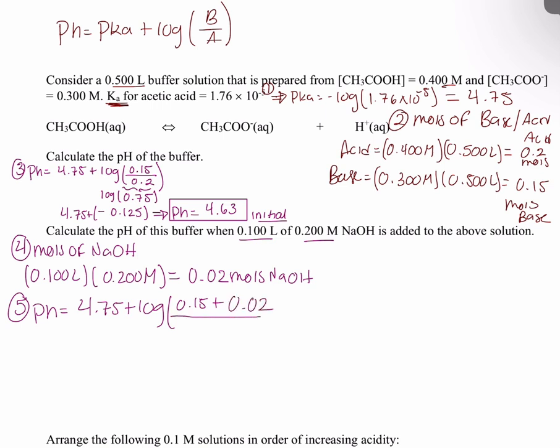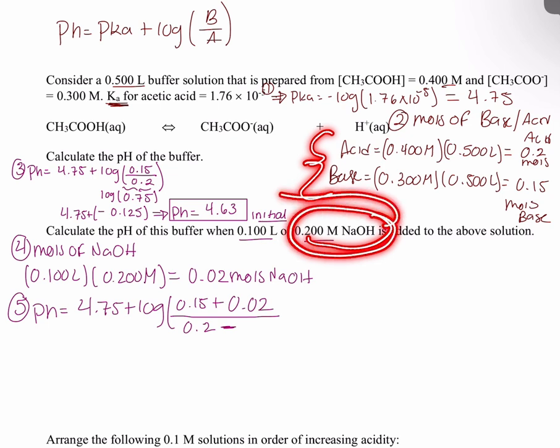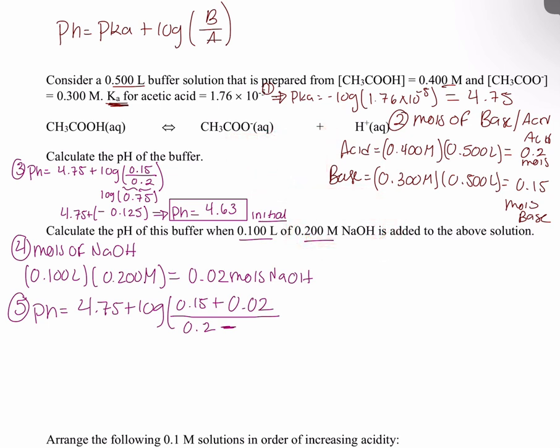So it's going to be 0.02 over 0.2 minus, since the acid, right? Since we're adding a base to this solution of acid and base, we're going to have less acid. So it's going to be minus. So we know that the original moles for the acid was 0.2. And then it's going to be minus the moles, right?